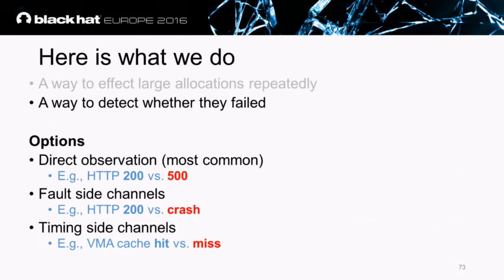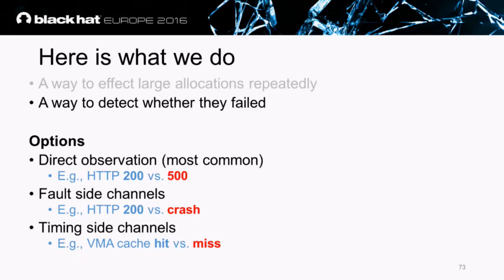And to detect whether the allocation at the server failed or not, there are different kinds of options. One is that the server just replies with a status. It gives you the page that you requested, or it just says something wrong happened.